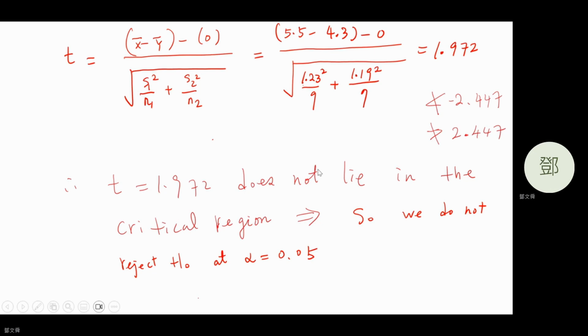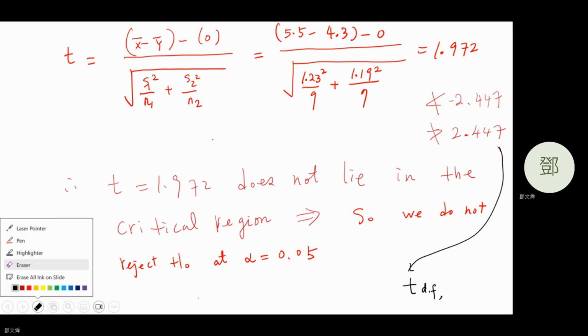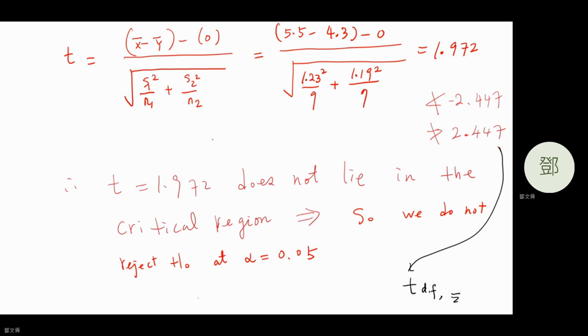You got it? And now what is this? This is t with df, at 0.05 divided by 2, where df is the minimal value of 9 minus 1 and 7 minus 1.